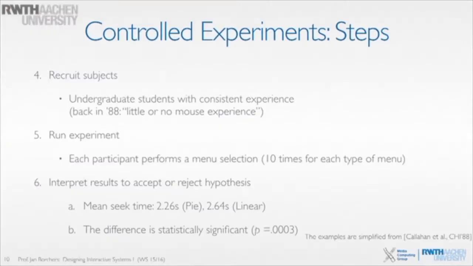And then you have to interpret the results to accept or reject the hypothesis. In this case, the experiment by Callahan found that the mean seek time, the dependent variable they were looking for, was 2.26 seconds for a pie menu versus 2.64 seconds for linear menu.